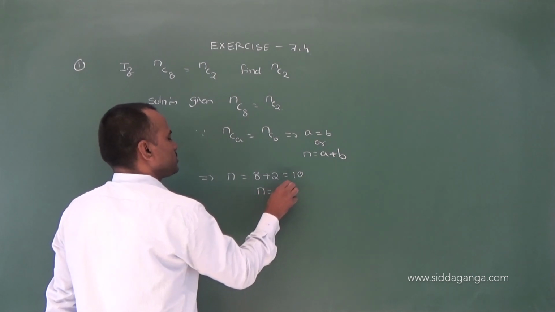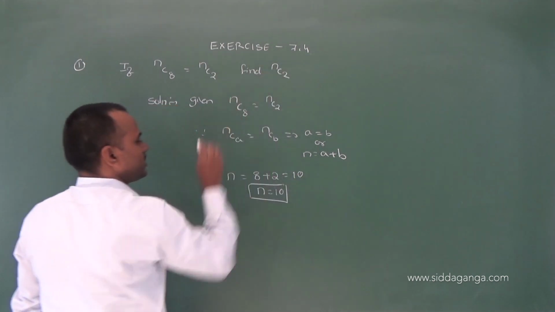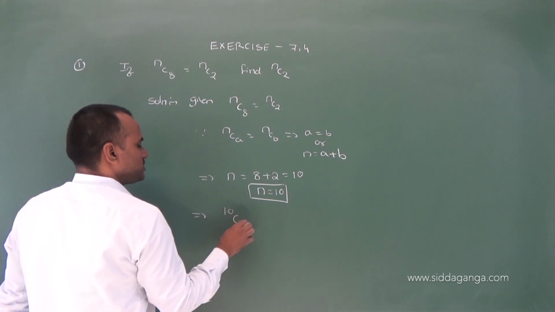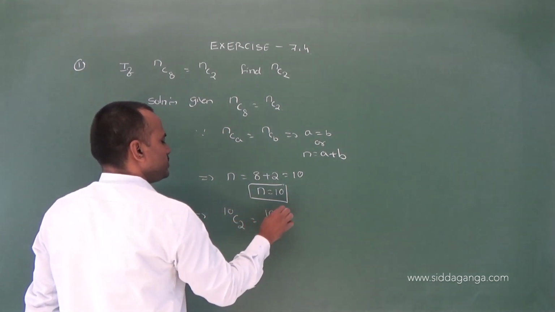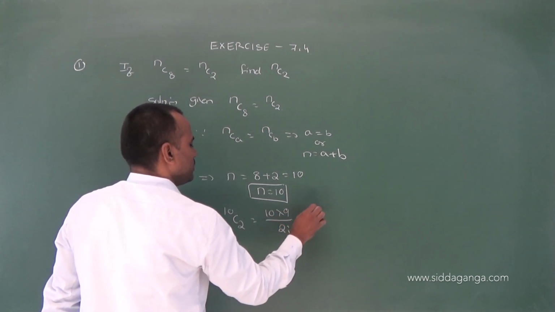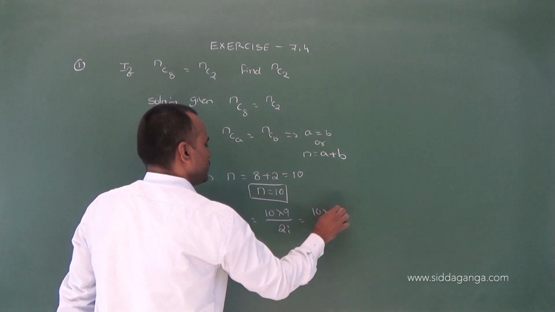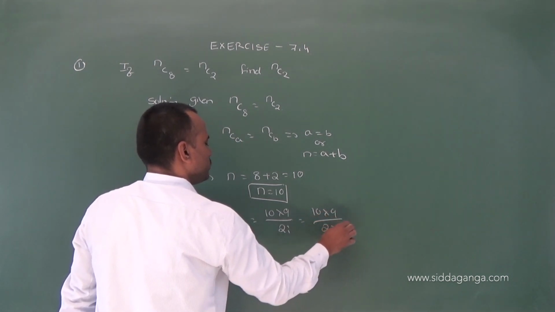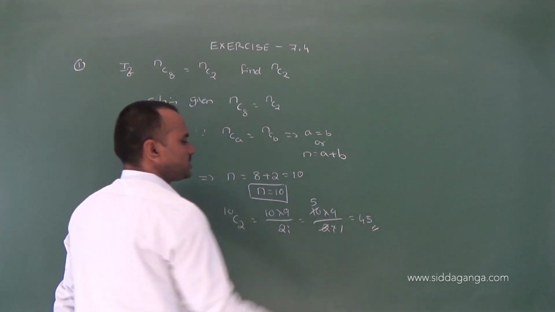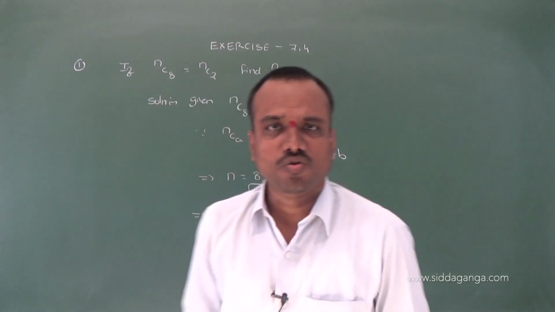N is equal to 10. What he asked? He asked NC2, so 10C2, 10 into 9 divided by 2 factorial, 10 into 9 divided by 2 into 1. 2 fives are 10, so answer is 45. Very simple question.